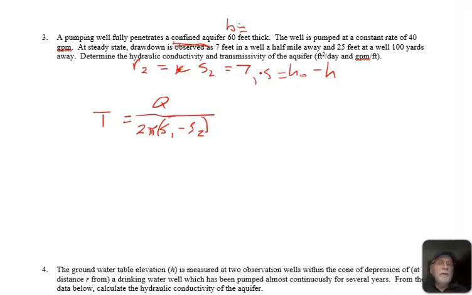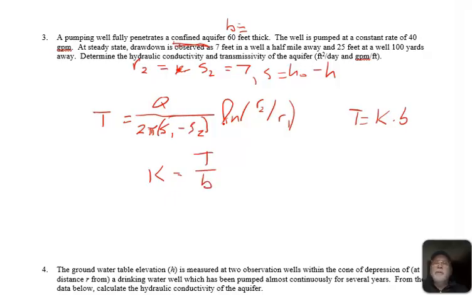This is always positive, so if you come up with a negative, just do the reverse of those numbers, times the log of R2 over R1. So solve for T, and then T equals K times the aquifer thickness. So K would be T over B. It asks for a couple of different units there, so do some unit conversion to get there.